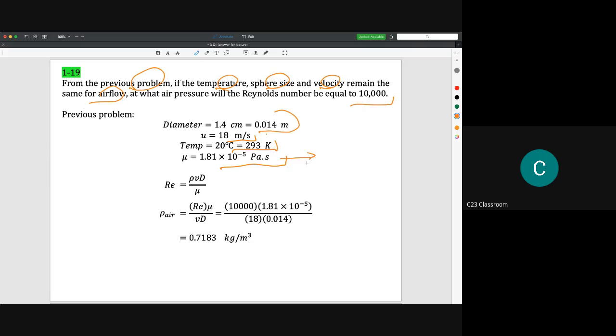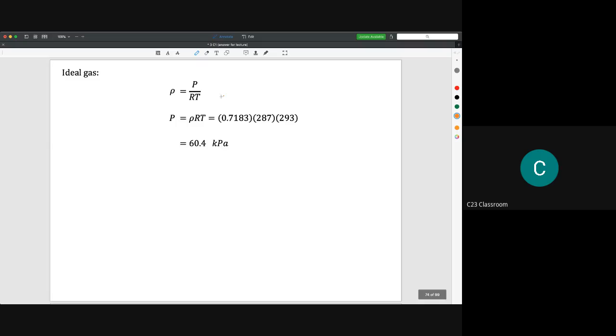It is okay to just use the common dynamic viscosity for air. Then we need to calculate the Reynolds number, which is given as 10,000, and the question is the air pressure. From the Reynolds number we could find the density, and then we use the ideal gas law to calculate the pressure of 60.4 kilopascal.